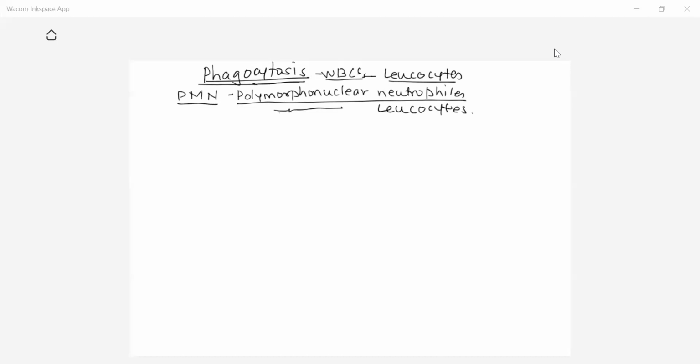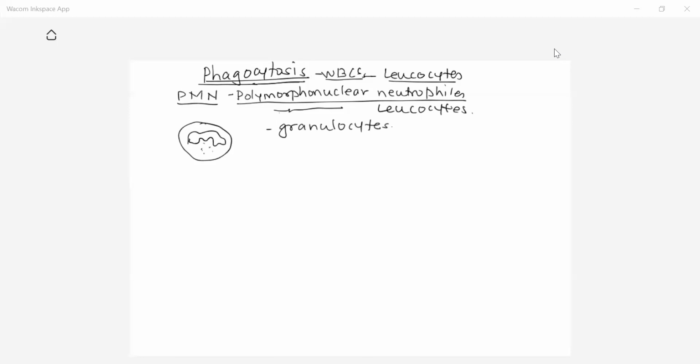The characteristic of this cell, as the name says, is polymorphonuclear. Polymorpho means its nuclear material is lobed. Suppose these are the cells, their nucleus is a multi-lobed nucleus. That is the shape of the nucleus. Another very important property of the cell is that these are granulocytes. What are granulocytes?